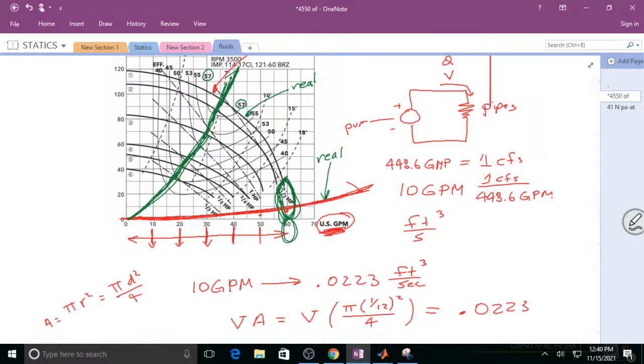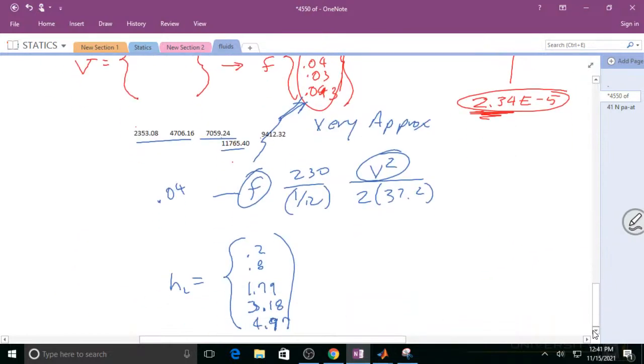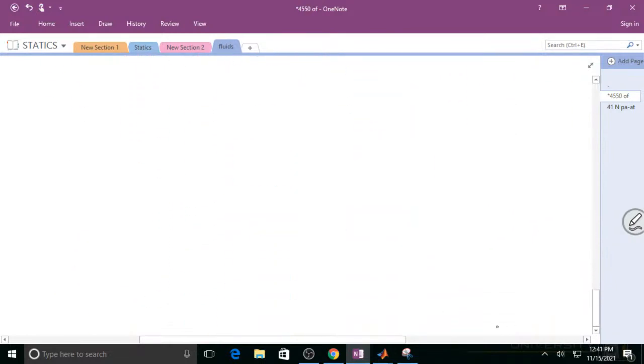So maybe what I'll do, today is Monday, so maybe I'll come back and do this using a complete MATLAB script and show you how you could possibly go in and take several pumps and run them all against this. And the way I would attempt to do it is go in for the pump, and that's what I'll do next time.